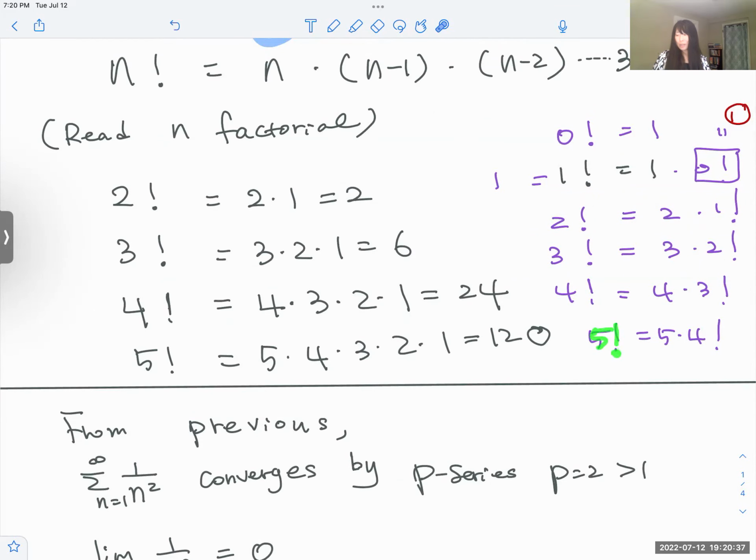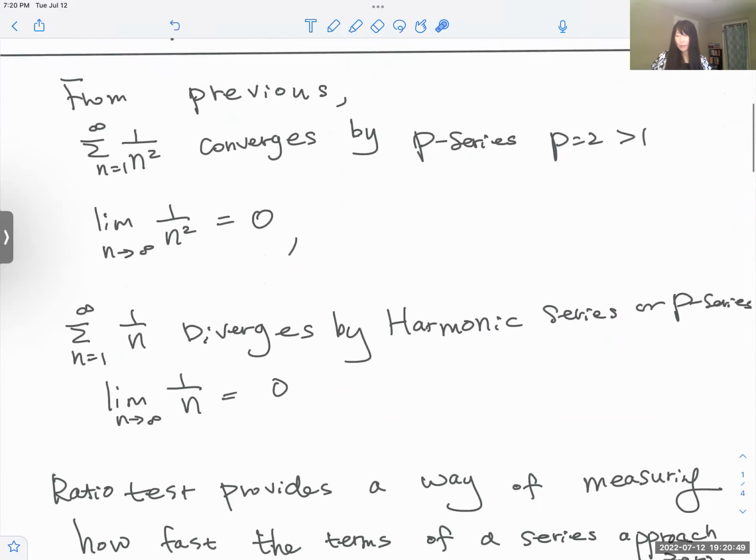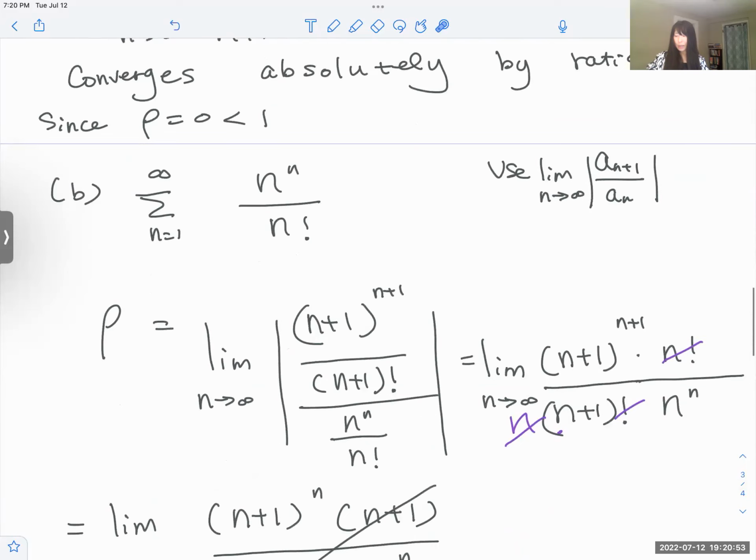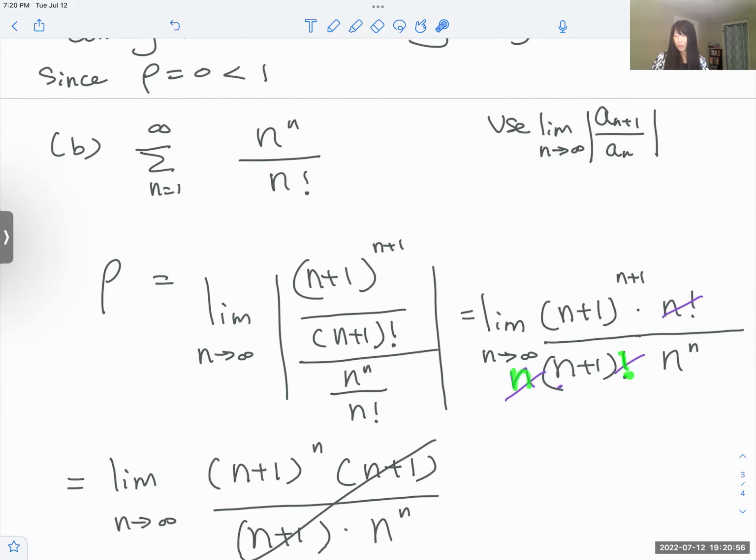We start at 5, then the next one we can make just a 4 factorial. Make sense? So every time we start with the factorial, just before that we have n factorial as well. Do you agree? That's why we simplify. So factorial simplify, factorial simplify.